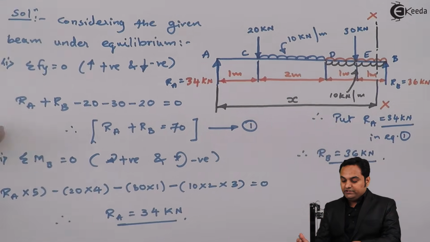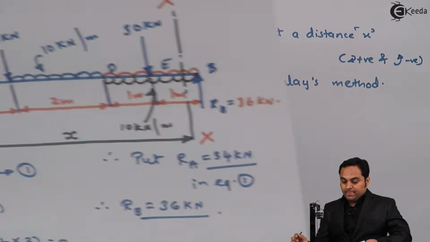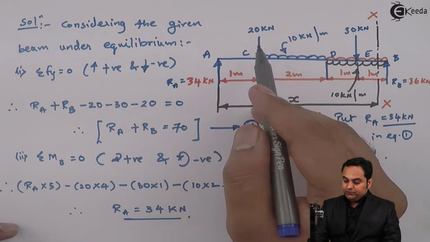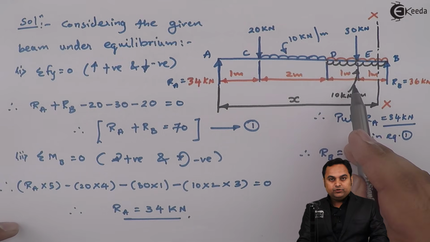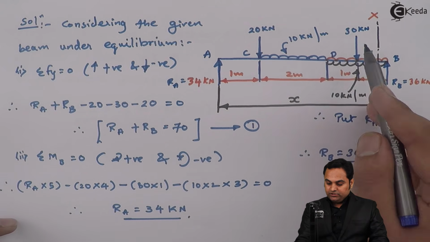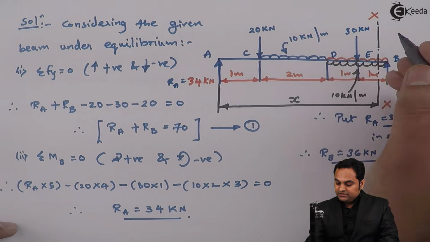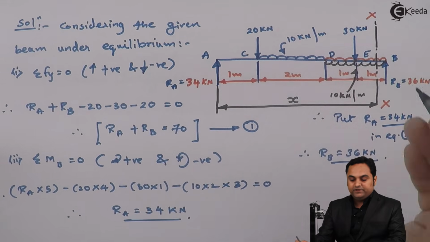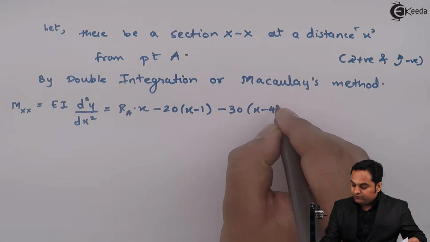So it is minus 20 into X minus 1. Next, this 30 kilonewton, I am taking the point load first. The distance between this and XX section is X minus 4, and it produces anti-clockwise moment, minus 30 into X minus 4.